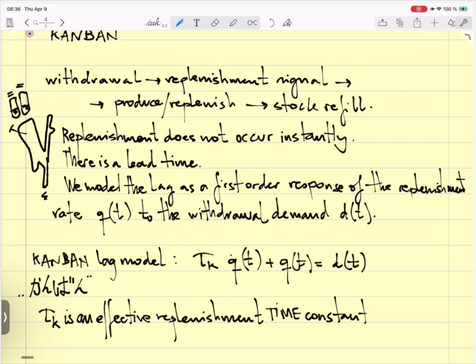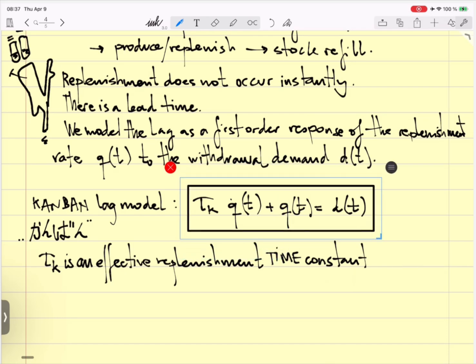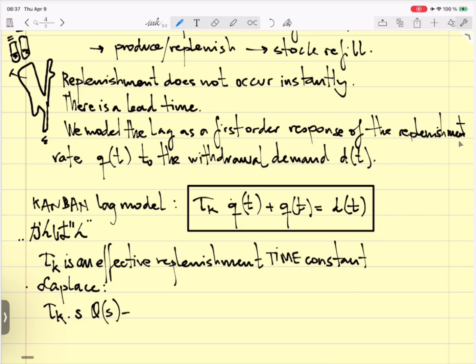So it's defining how the system in the Kanban loop is reacting. We apply Laplace to this equation. We get tau sub k times s Q of s plus Q of s equals d of s.